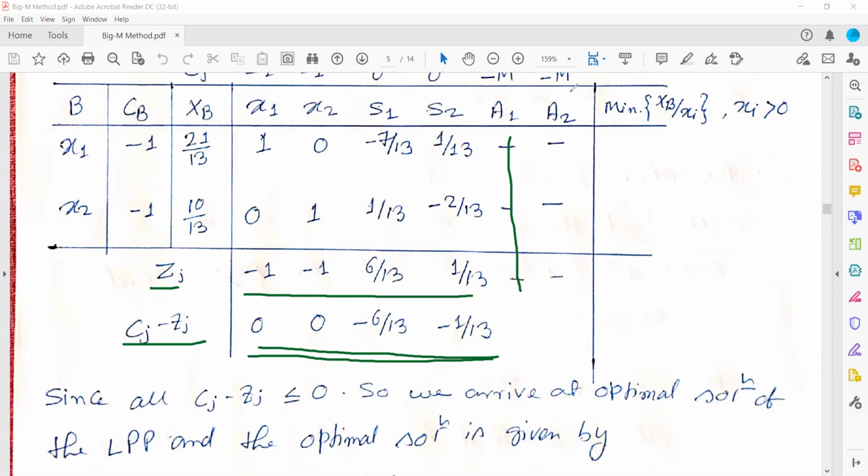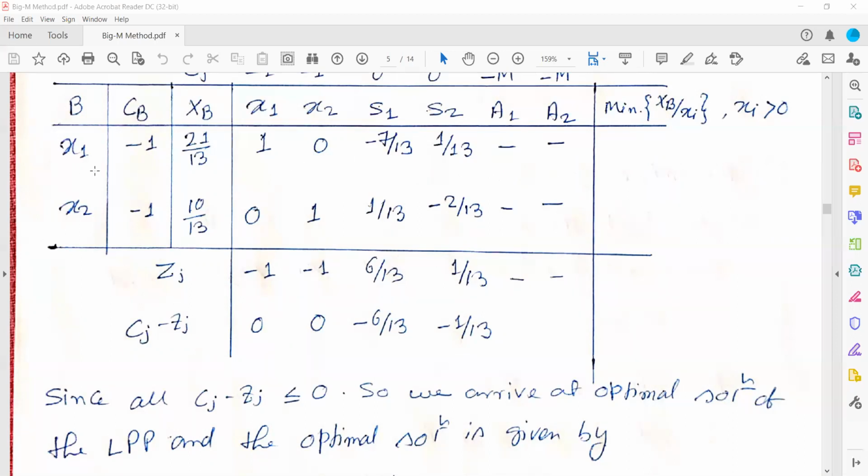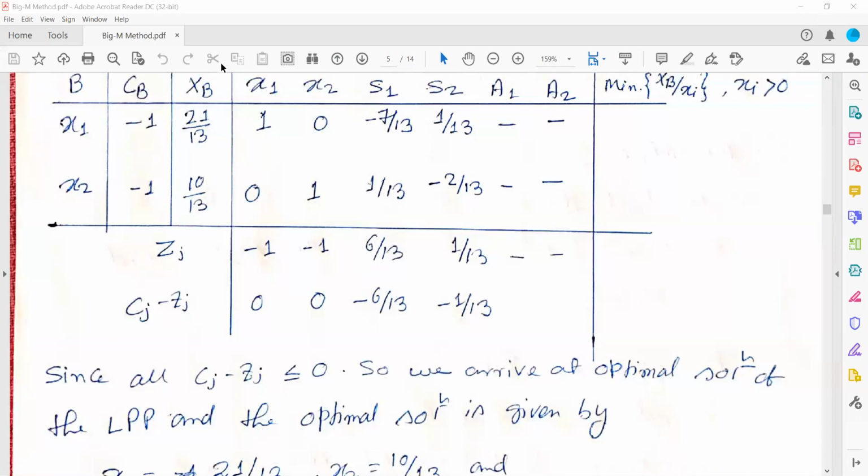So an optimal solution is given by what? What is the value of X1 in the table? X1 value is 21 by 13, and X2 value is 10 by 13. And Z equal to what? That means Z star here, because we are calculating for Z star.